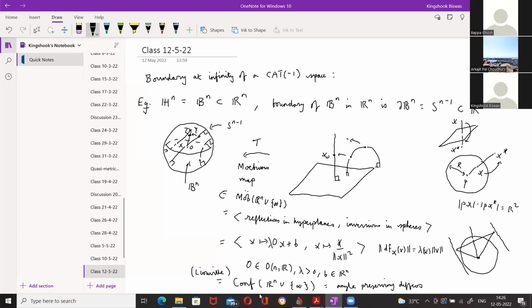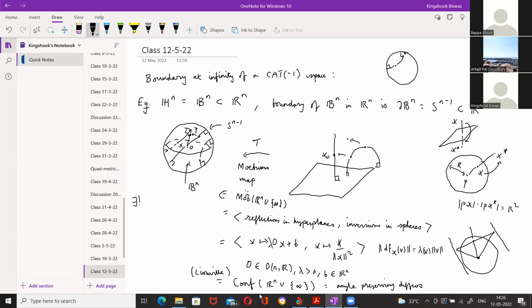This is just Euclidean geometry, because X and Xi are contained in a two-dimensional plane, in a copy of H2. And in that copy of H2, given a point here and a point here, there's going to be a unique circle which is perpendicular here and here, right?